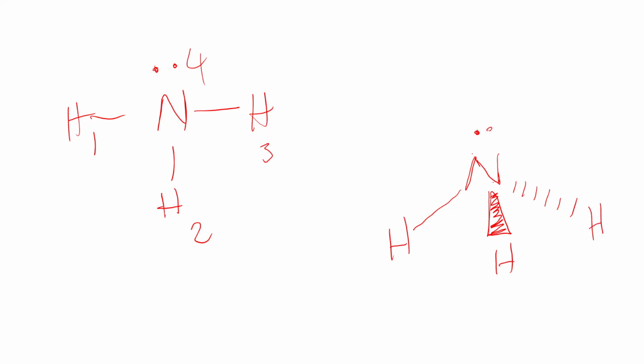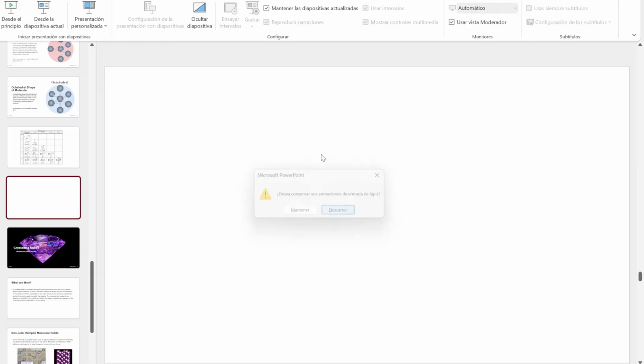And then we have that lone pair there. So the solid wedges represent anything coming towards you. The hashes mean anything going away from you. So that's how we represent three-dimensional molecules on a two-dimensional plane.